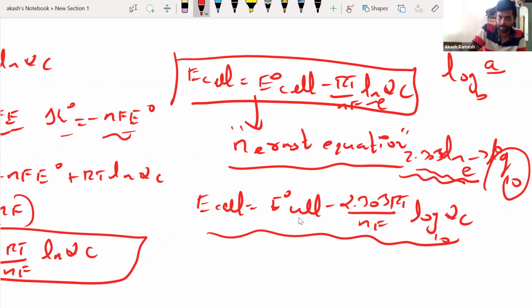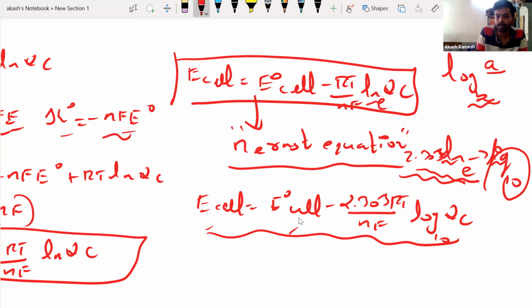I write log A to the base B. This base determines what kind of logarithm you use, natural logarithm or log to the base 10. So this is the equation. Now you have a connection between the EMF of the cell at non-standard condition with the cell in standard condition. Now this equation can be simplified further.